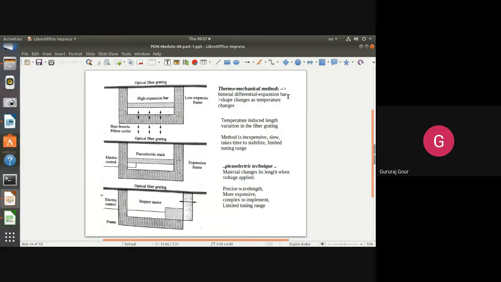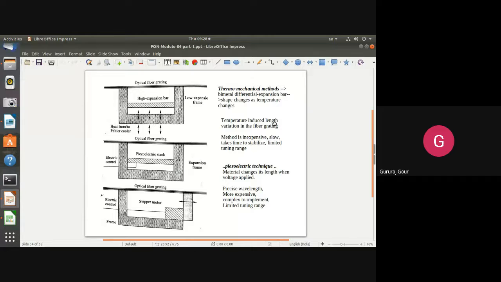With the bimetal differential expansion bar, as the temperature changes, the shape changes. So the change in temperature is going to result in a change in the shape of these expansion bars. That is going to bring the actuation function of this optical fiber grating. In the second figure, the optical fiber grating has been attached with a piezoelectric stack.